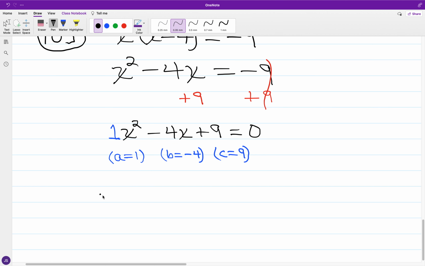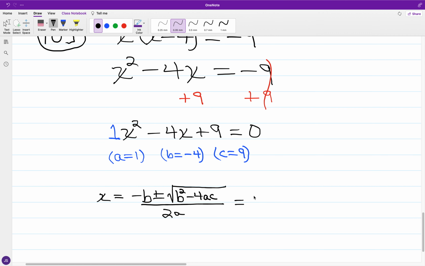So for x with the quadratic formula, we have x equal to negative b plus or minus the square root of b squared minus 4ac, all over 2a.